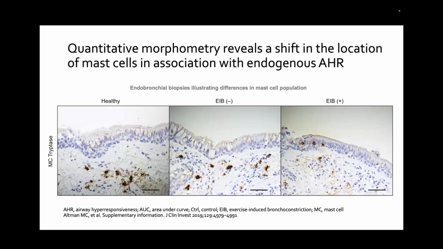So the curious thing is that this sort of intermediate phenotype of mast cells, in between a tissue type mast cell and a mucosal mast cell, are showing up in the epithelial brushings.